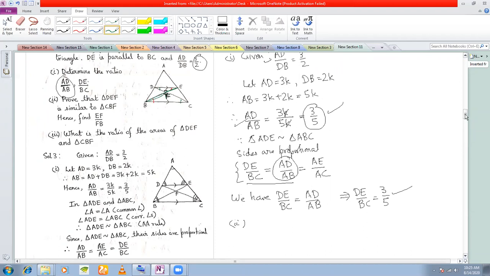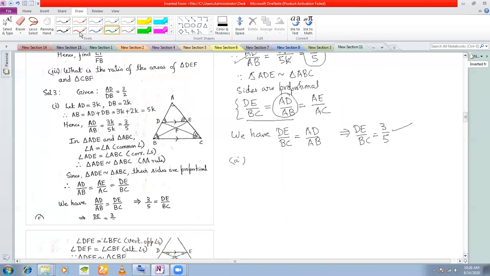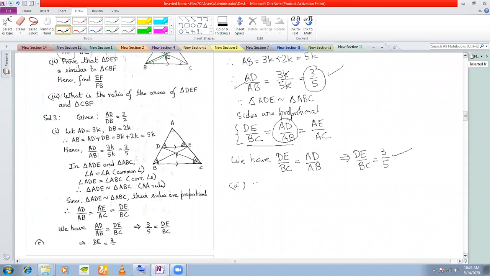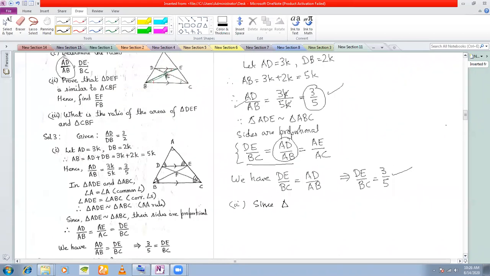First you'll write the proportional sides. Since triangle DEF is similar to triangle CBF, sides are proportional, and you will write the proportional sides.